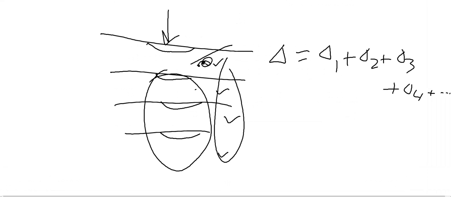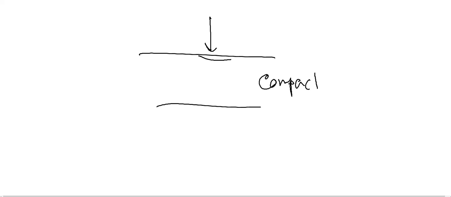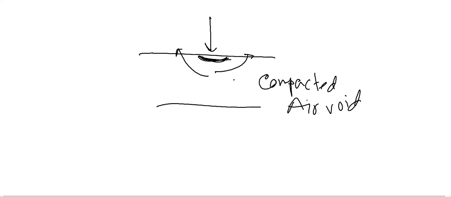Shear deformation is like when you apply load on the pavement, it will try to deform. But if your material is so compacted that there is no air void, it cannot compact, it cannot deform. Then what happens? Material moves this way, material moves this way, so this will look up.